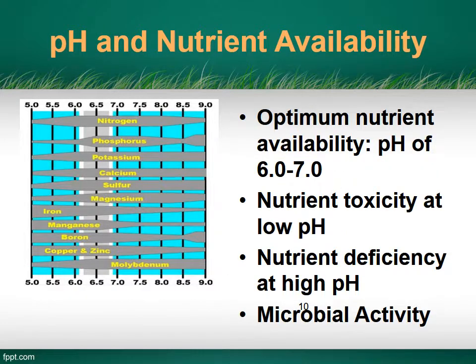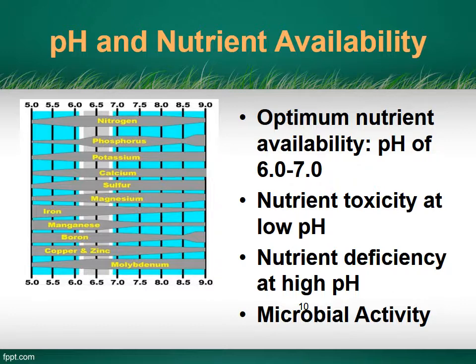So what other kind of effects does soil pH have on a plant's growth and health? pH plays a very important part in nutrient availability. This is a very common graph right here. You guys are going to see this quite a few times. It shows how available any given nutrient is over a range of pHs. So if you look at this graph, on the far left-hand side is a pH of 5.0, which is pretty acidic.